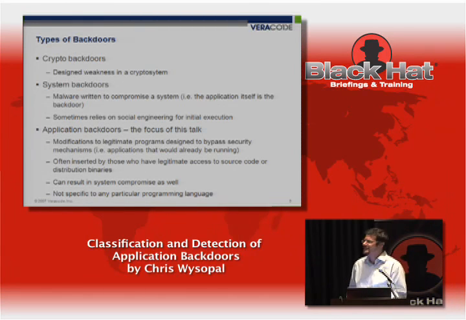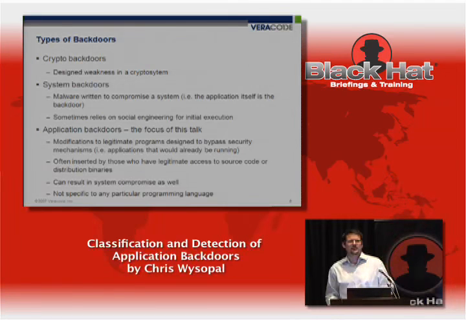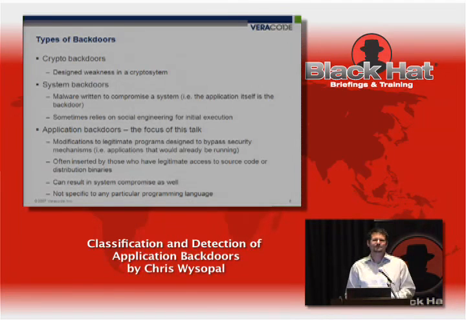What I'm going to talk about today is what I categorize as application backdoors. An application backdoor is a legitimate application that's supposed to be installed and running on the system, that has some code within it that allows you to bypass the security of the application. So you can get at the application's transactions, the application's data.